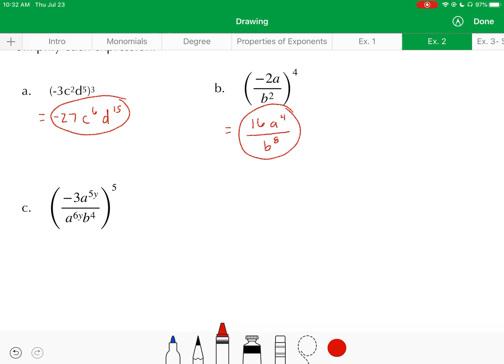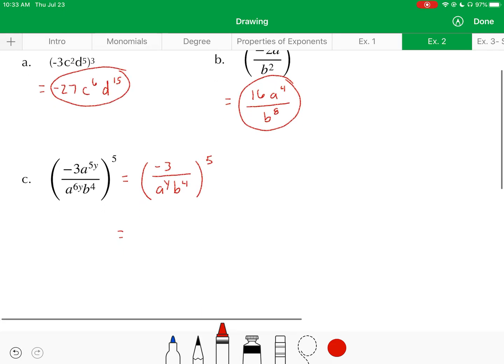If you subtract 5y by 6y, you'll end up with negative y on the power of a. To make that positive, you'll just put it down in the denominator. So this becomes negative 3 over a to the power of y times b to the fourth. And then that's all still raised to the fifth.